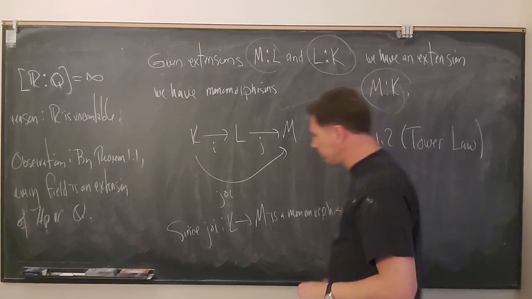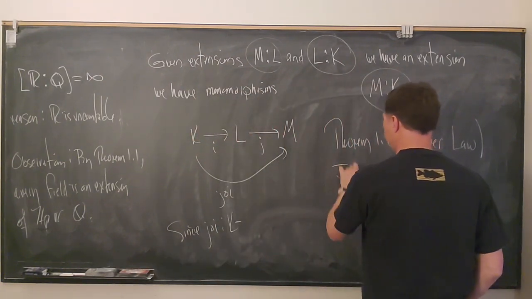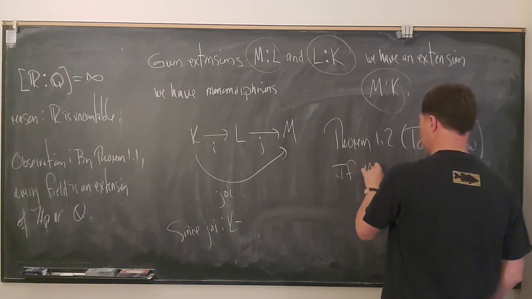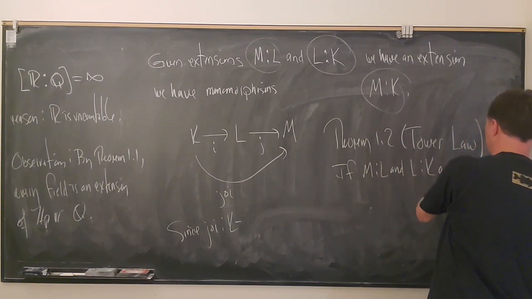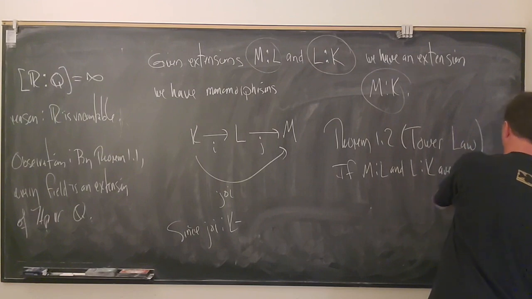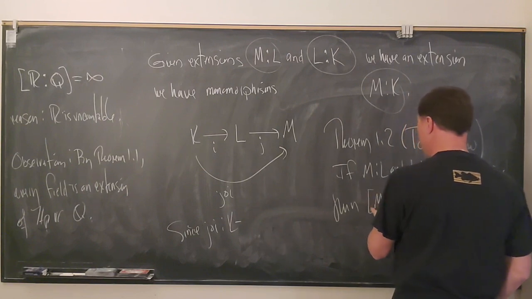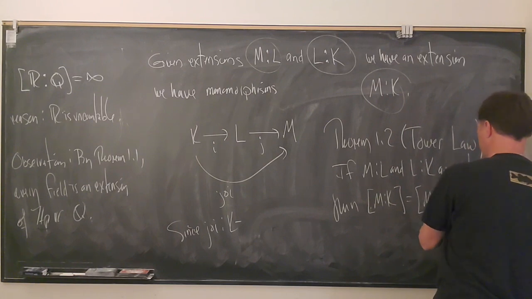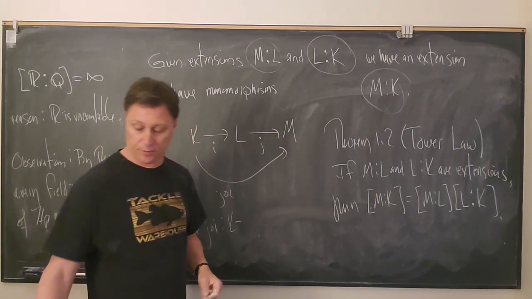It goes like this: if M over L and L over K are extensions, then the degree of M over K is equal to the degree of M over L times the degree of L over K. So there's a nice relationship between the degrees. It's multiplicative.